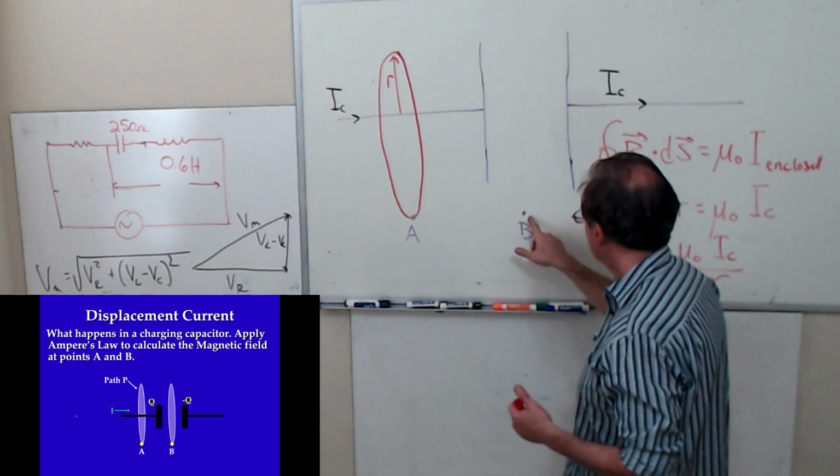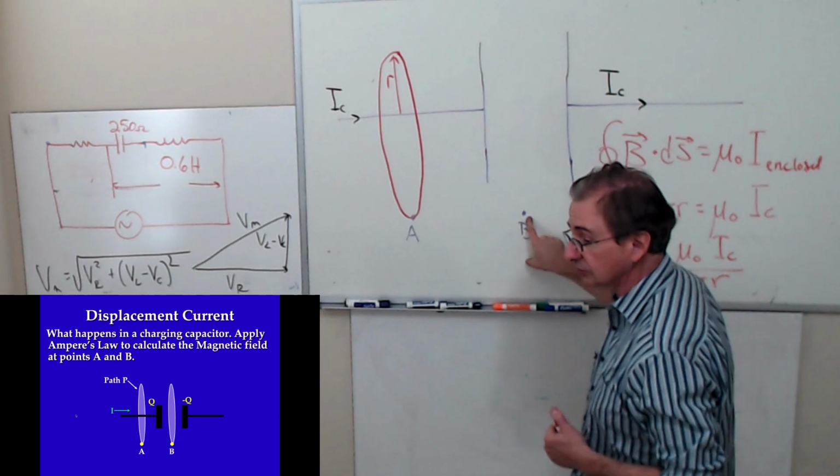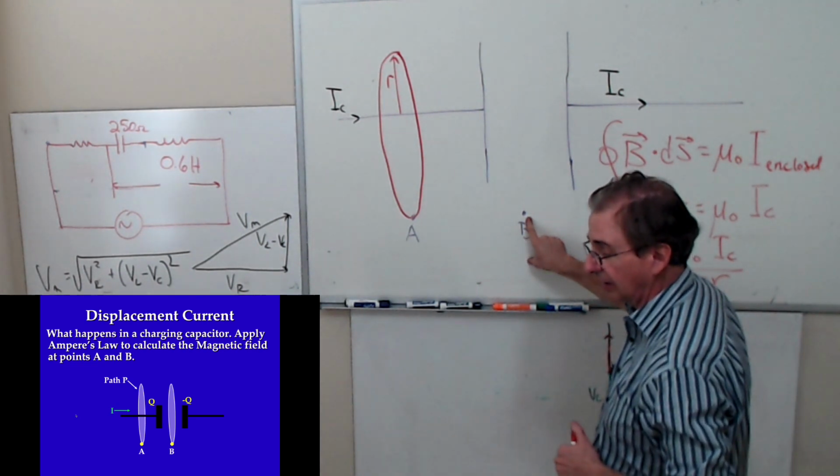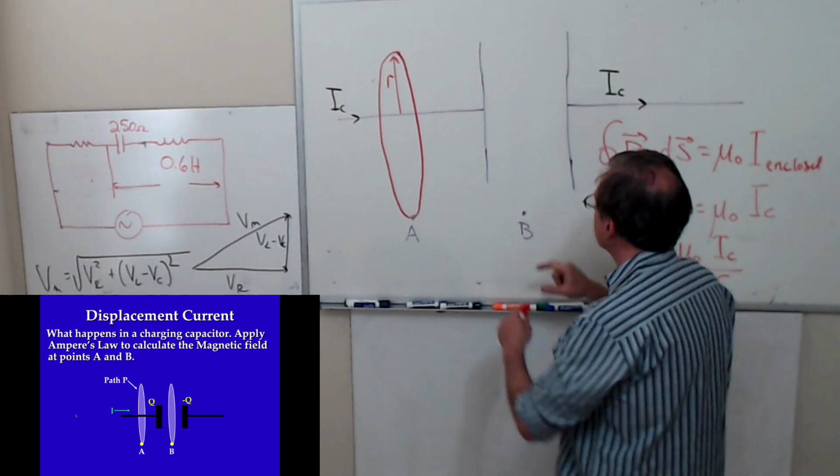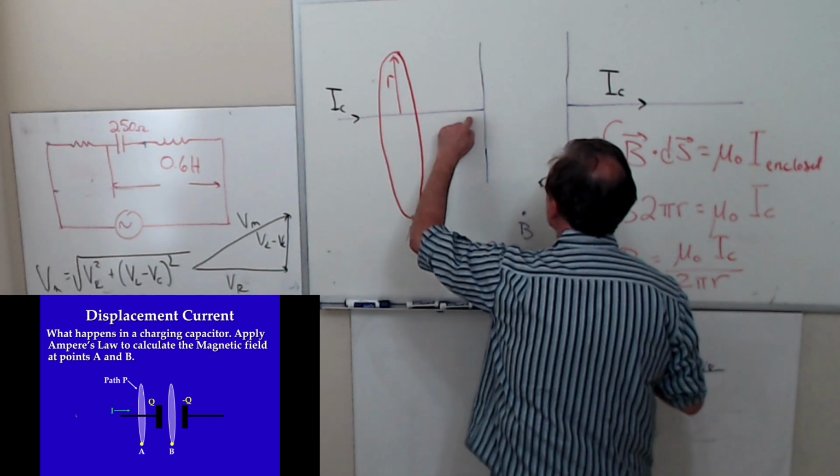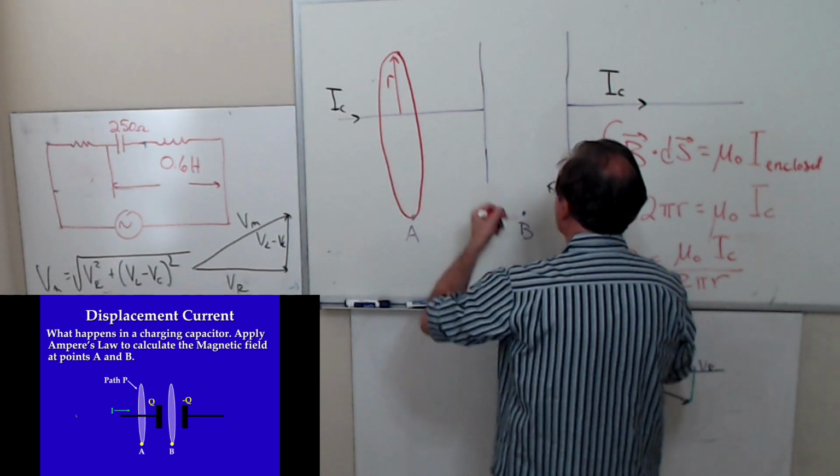You can probably try to use the Biot-Savart law to calculate the magnetic field, because you have charges moving on these plates, right? These plates are getting charged.